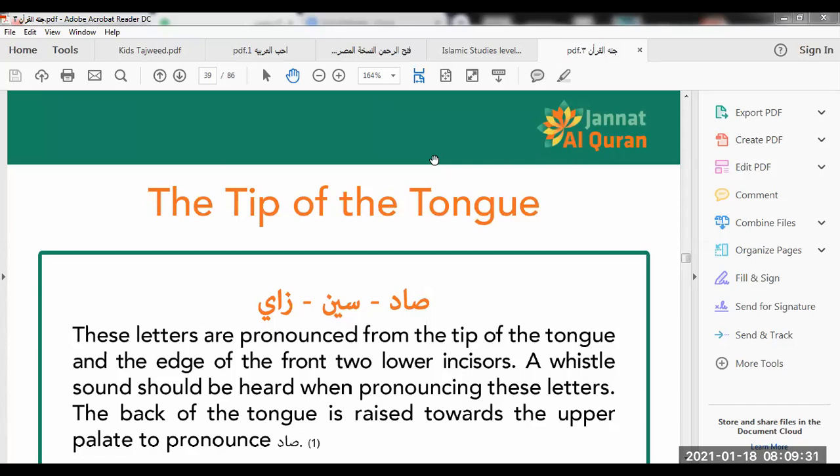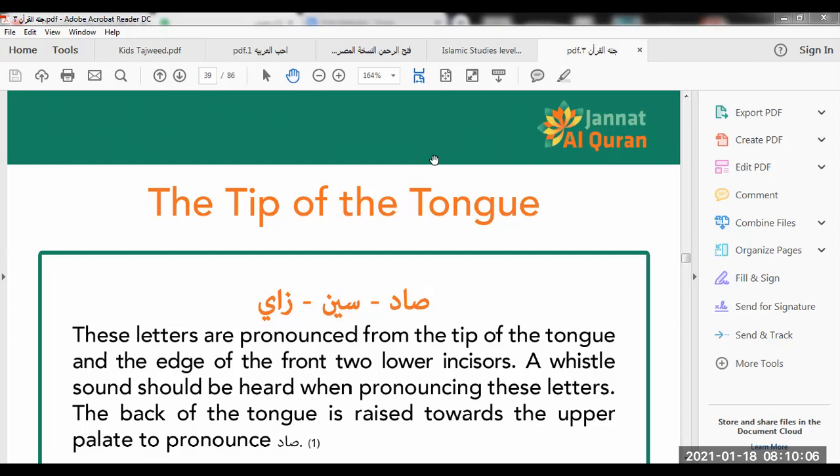I said الجوف has one specific articulation point and has 3 letters called letters of mad. The second articulation point is الحلق, the throat, which has 3 specific articulation points for 6 letters: the deepest part of the throat, the middle part, and the closest part.